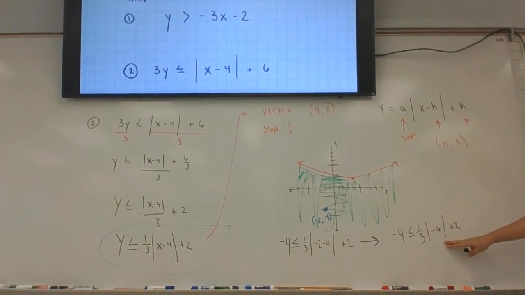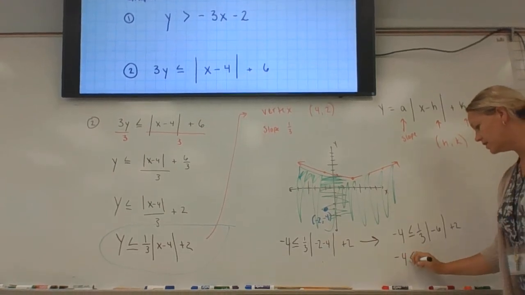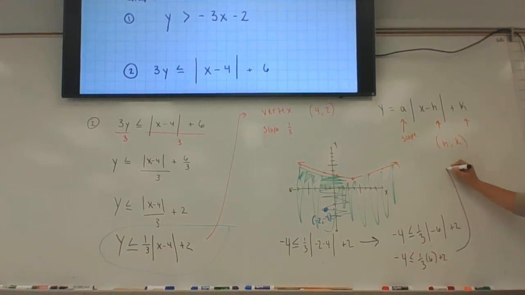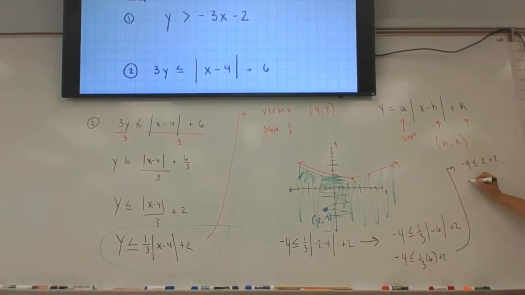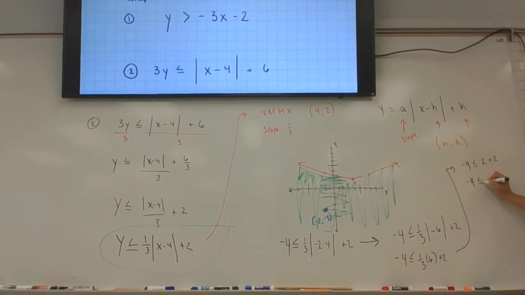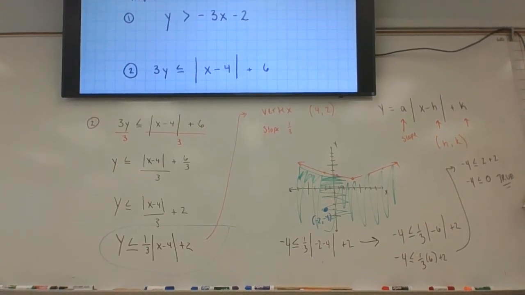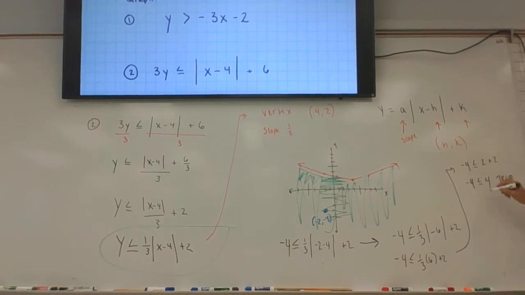Now I'll do the absolute value of -6. I have -4 less than or equal to 1/3 times 6 plus 2. -4 less than or equal to 2 plus 2. -4 is less than or equal to 0. True. Still true.